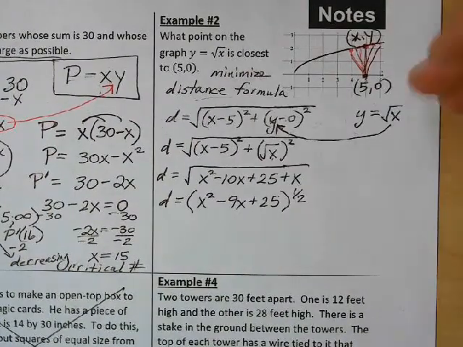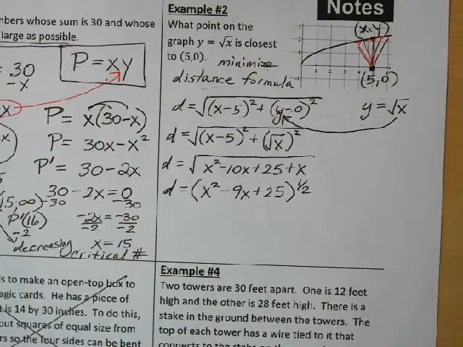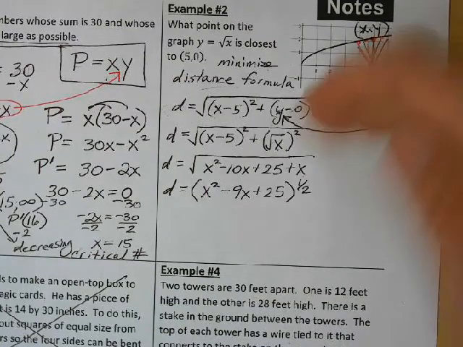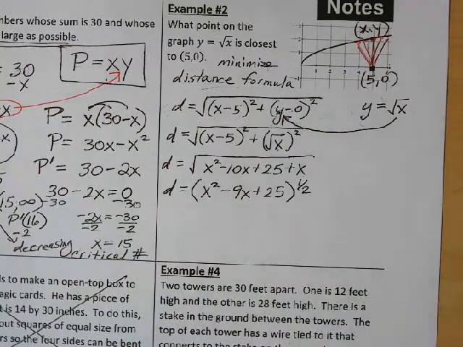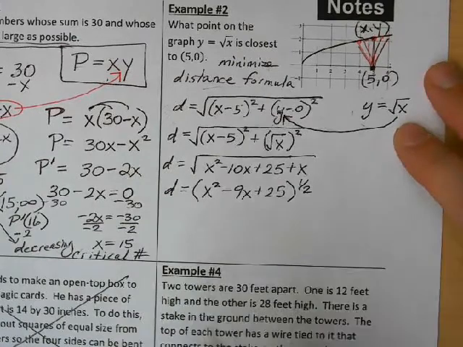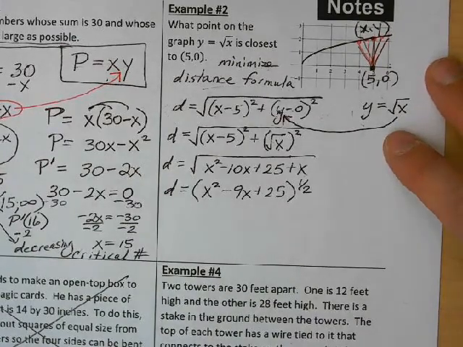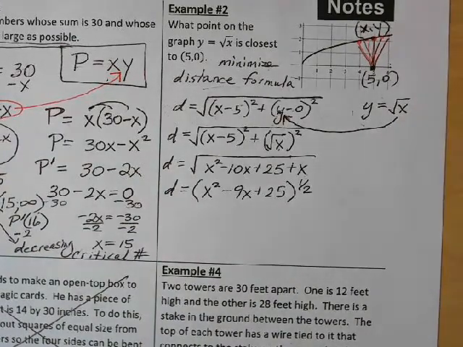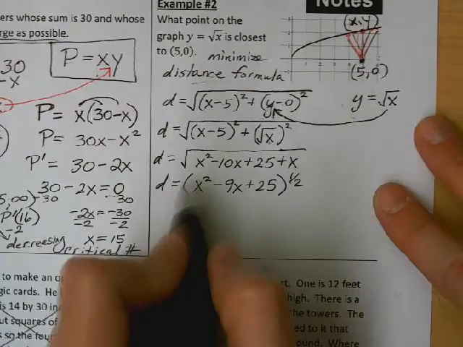Yeah, so you have to plug in and you have to work on getting this all kind of cleaned up before you take your derivative. See, I didn't even take my derivative yet. You have to plug this in, get it all kind of cleaned up. Now I'm going to take my derivative of this and set it equal to 0 to see if I can find a max or a min. So now I'm going to take the derivative.